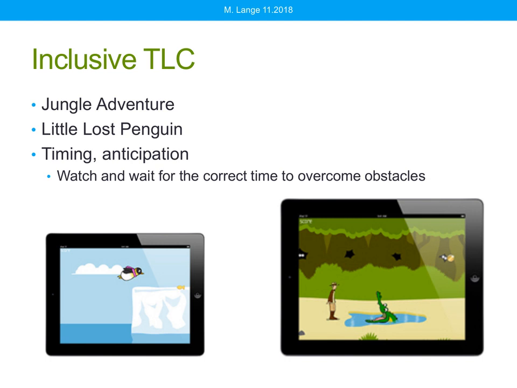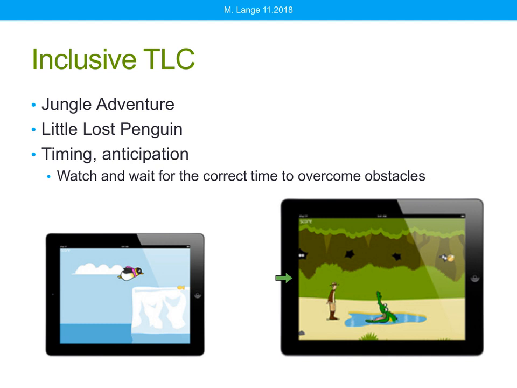You have to watch and wait for the correct time to overcome obstacles. So for example, on the left here, this penguin is trying to jump from the ocean onto the iceberg. If the penguin jumps too soon or too late, well, the penguin doesn't end up on top of the ice. Same with Jungle Adventure. There's certain times where the switch needs to be hit.